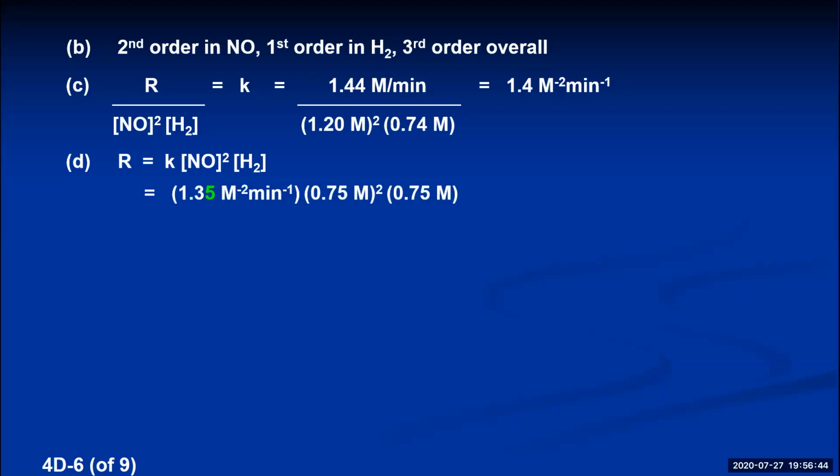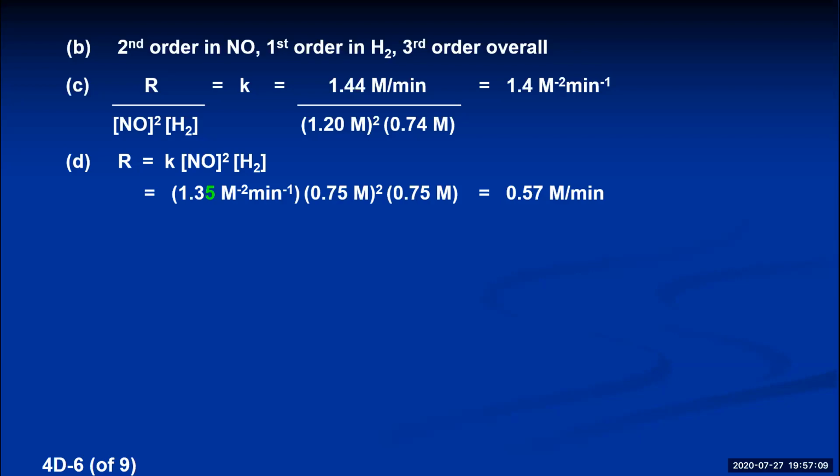So using a guard digit, the k was 1.35 molarity to the -2 minutes to the -1, multiplied by the molarity of NO, 0.75, squared, and multiplied by the molarity of H2, 0.75. Units cancel out to leave molarity per minute, and to two significant figures, I get 0.57 molar per minute as the rate of disappearance of hydrogen per minute.